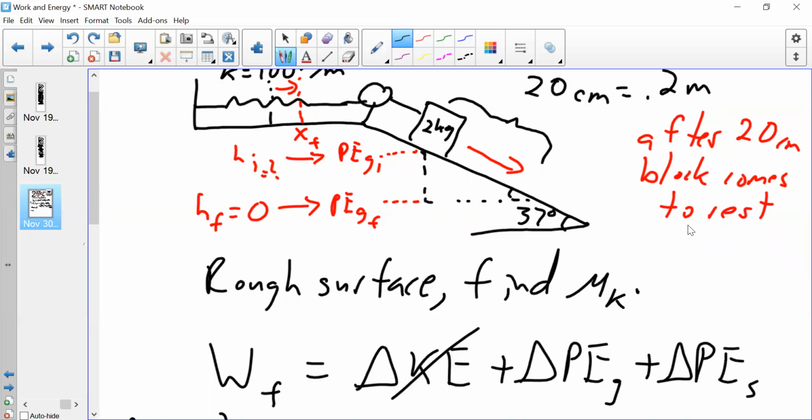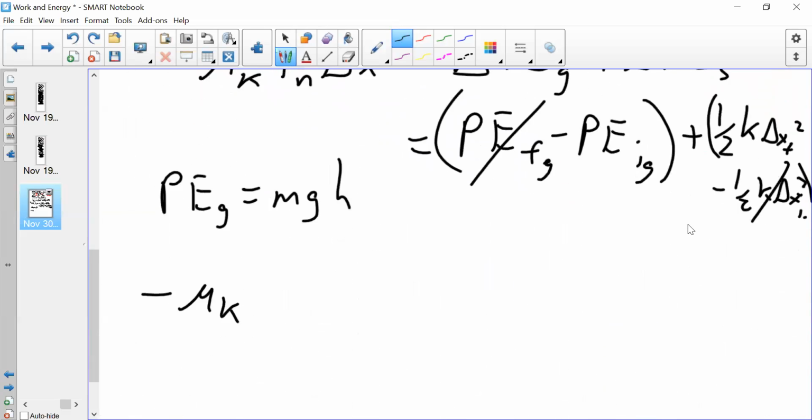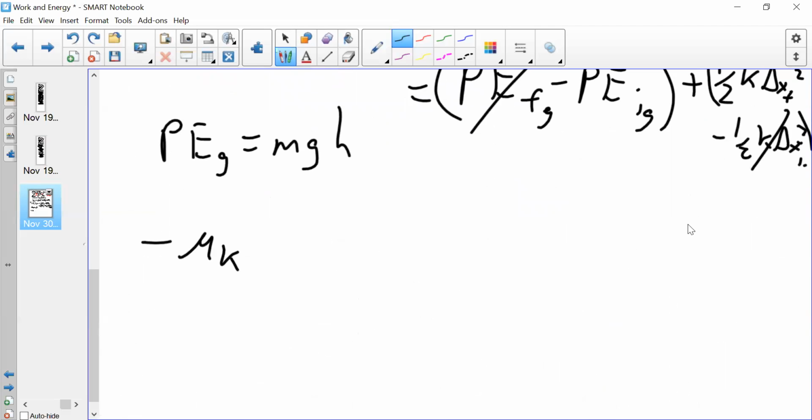mg cosine theta. So we have to do a free body diagram on the box, to get our Fn, just as we've done before.